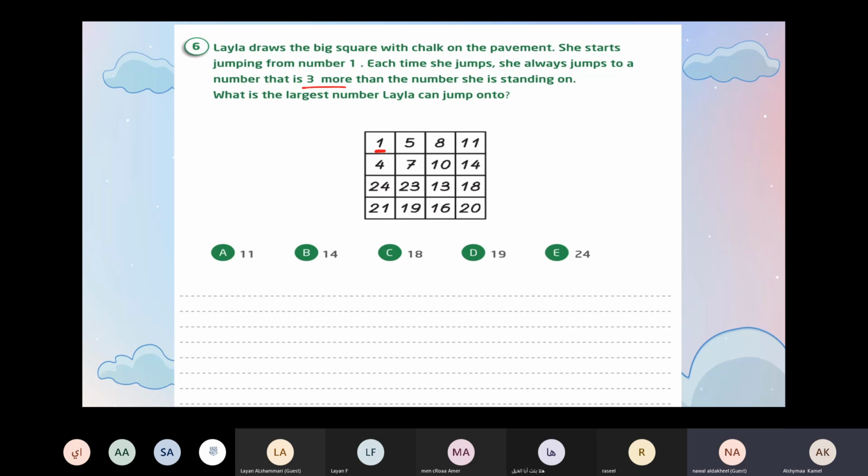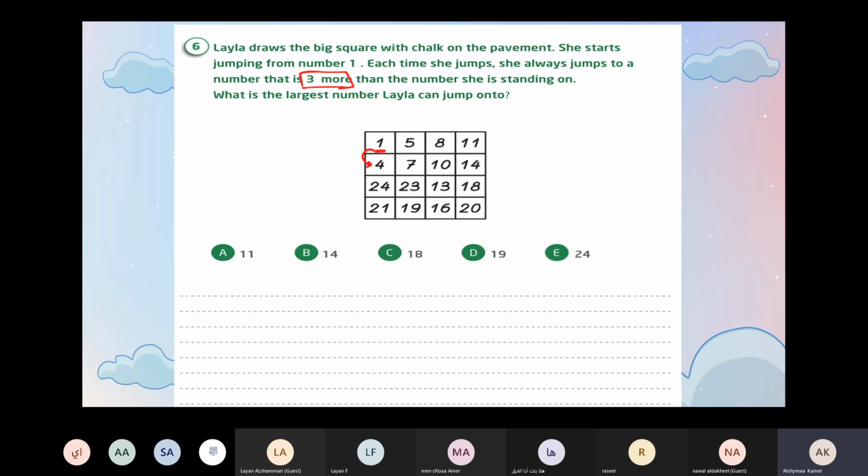From 1 to 5. No, she will jump 3 more than the number she's standing on. 3 more than 1 is what? 4. So she will jump from 1 to 4.